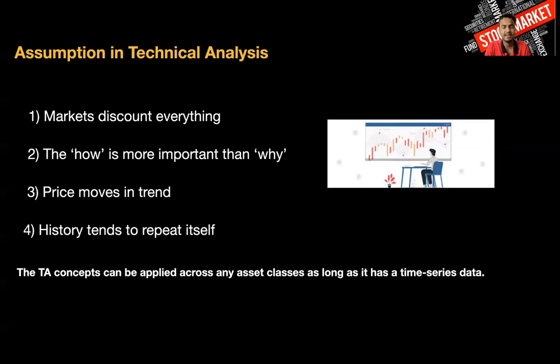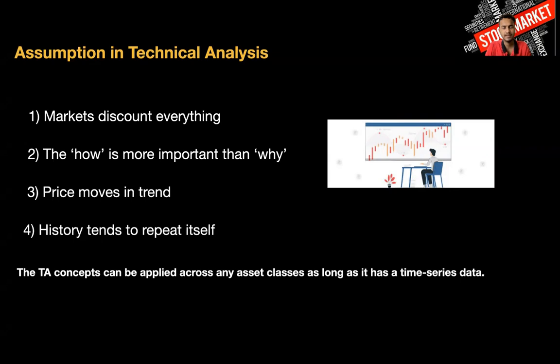But in technical analysis, we couldn't say who's buying, but we could say how much is being bought, and we could predict whether some insiders or large investors are buying those shares. In technical, we use how more than why. We don't consider why the price is moving.